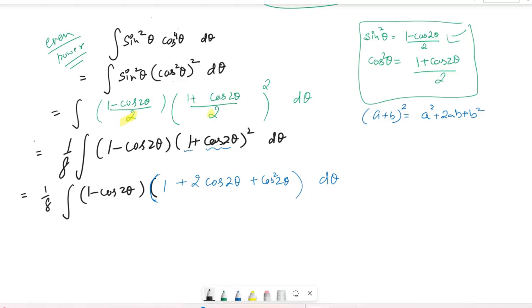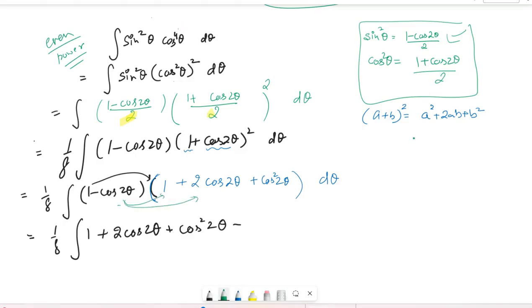We need to distribute everything inside. 1 times 1, times everything actually, minus, we also would need to multiply everything with cosine.